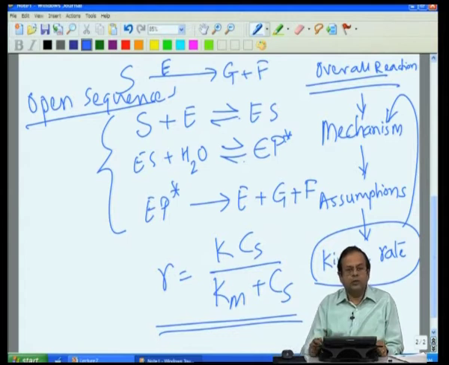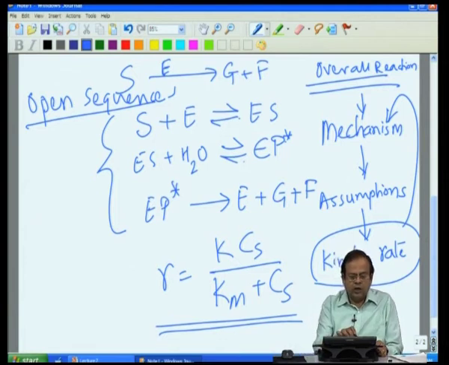This particular case is an example of an open sequence. That is, starting with reactant, we follow a series of steps which end up in product.